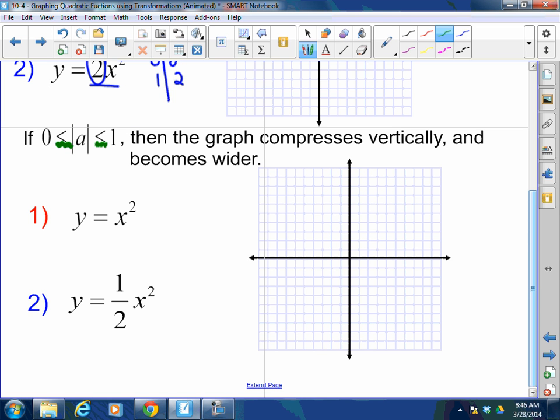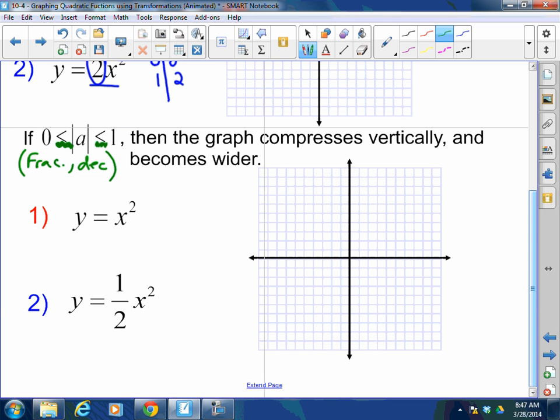If it's between 0 and 1, in other words, if it's a fraction or a decimal, then the graph gets compressed vertically. This is a vertical compression or a horizontal stretch. So this means it's going to get fatter. Okay? A vertical stretch, it gets thinner. A vertical compression, I'm squeezing down on it, so it's going to get fatter.